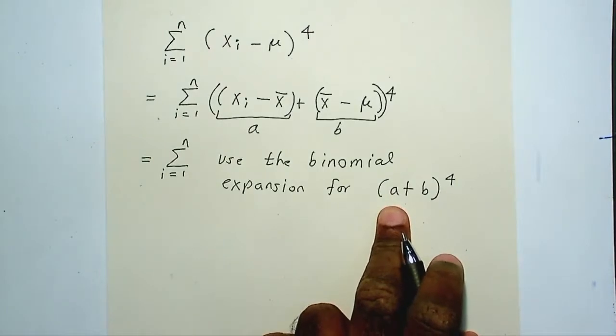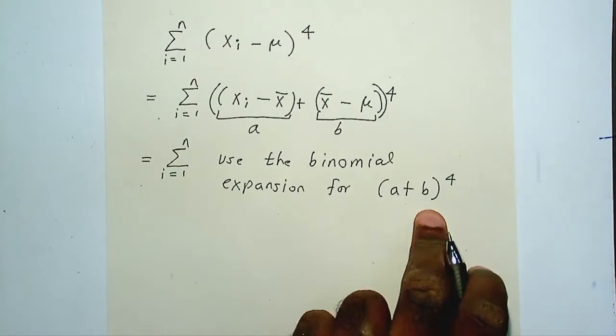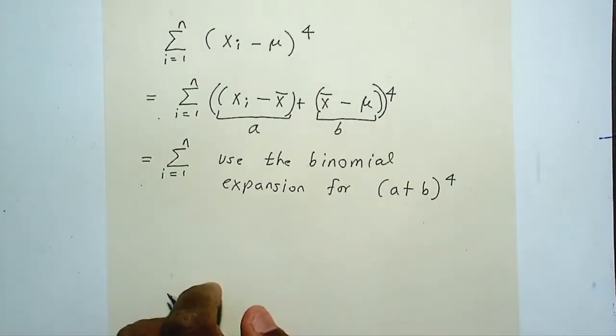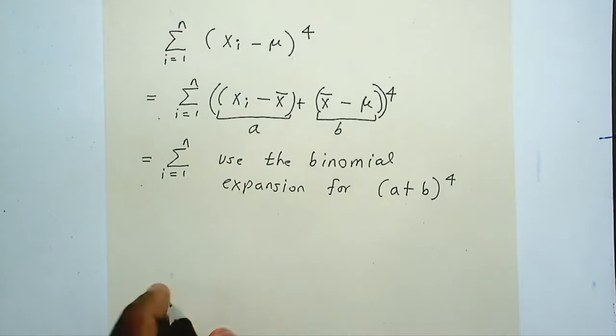You will get 5 terms when you expand a plus b raised to 4, and one of the 5 terms is 0.